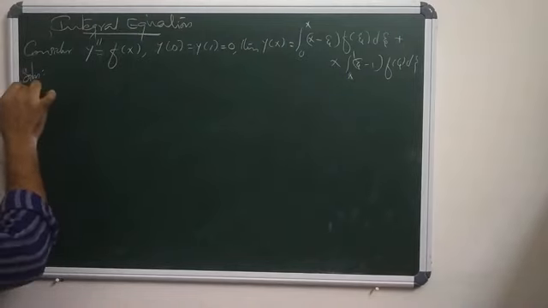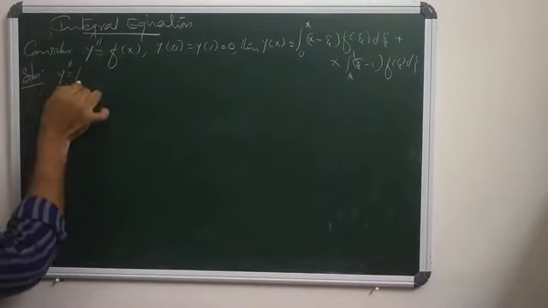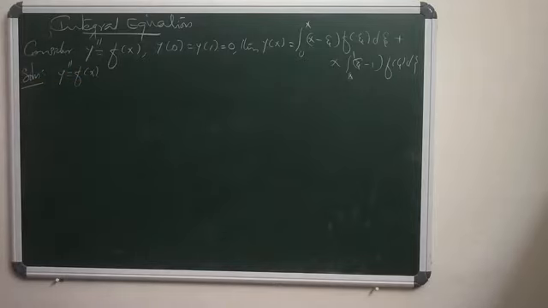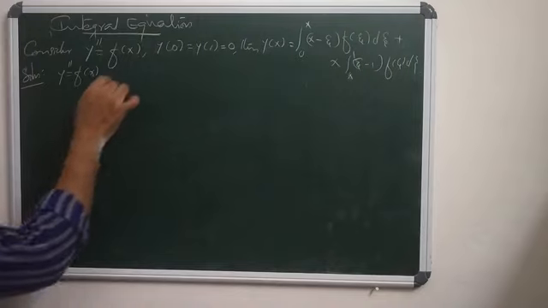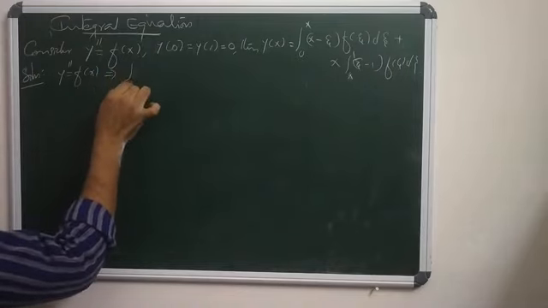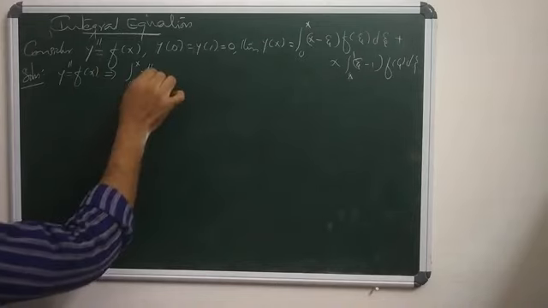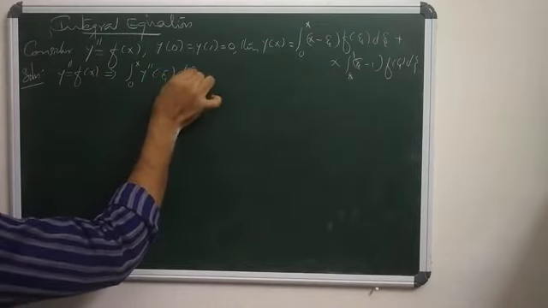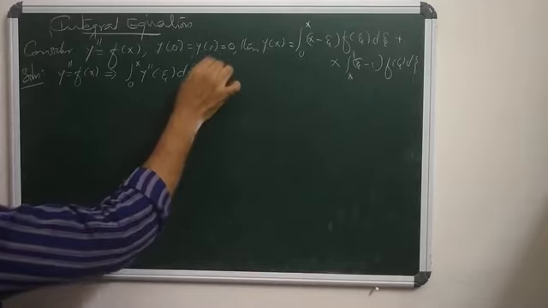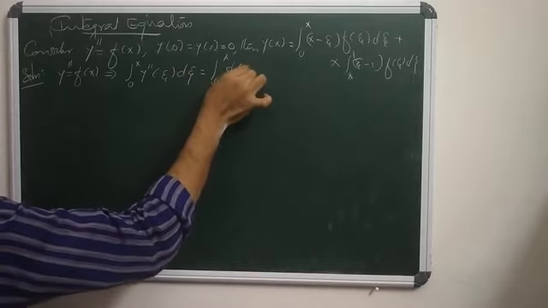The solution is, consider this one, y2 dash equals f of x. Then you can integrate this equation from 0 to x with respect to theta. So that means integral 0 to x y2 dash theta d theta equals integral 0 to x f of theta d theta.